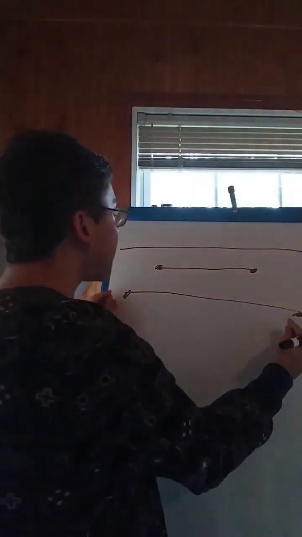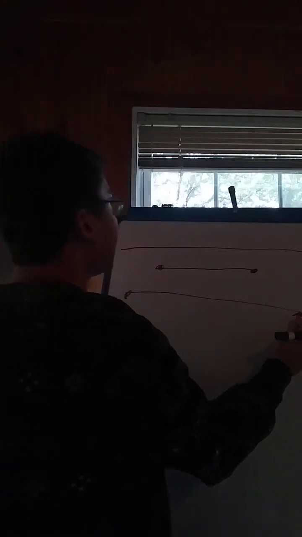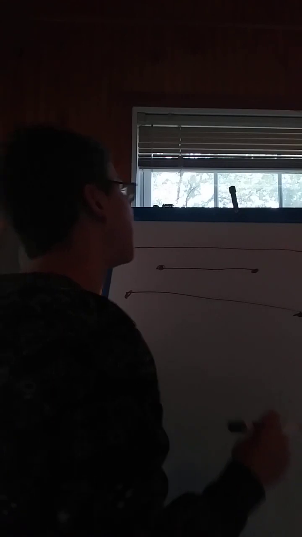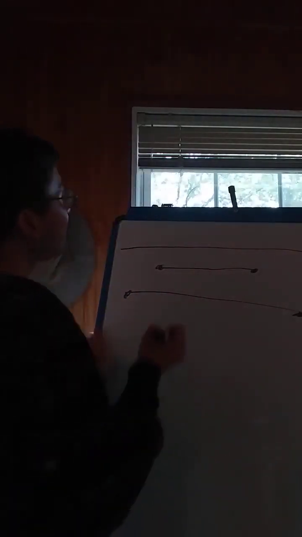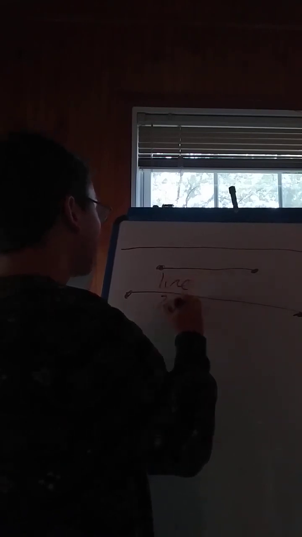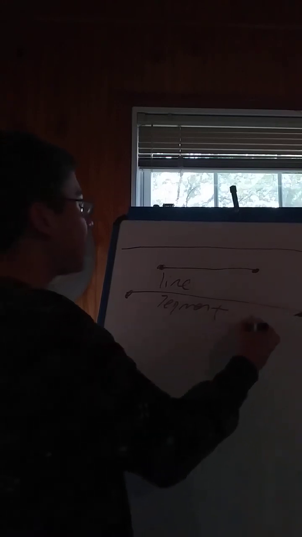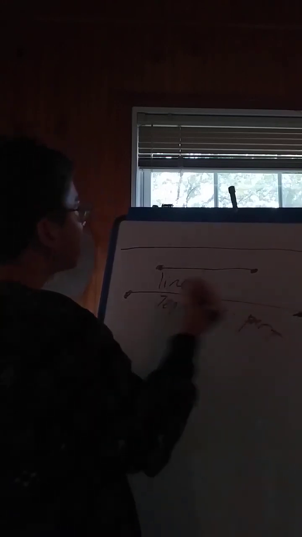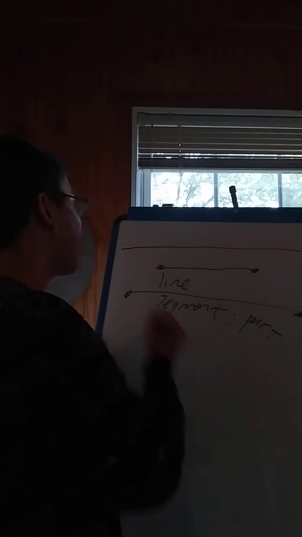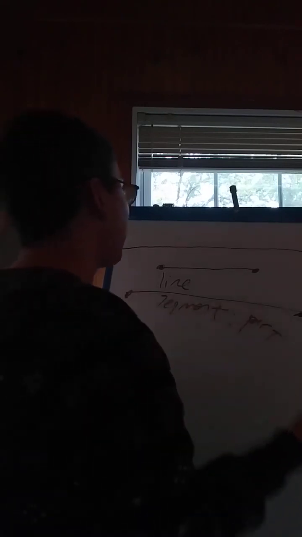So instead of it going on and on with no stopping points, these are the stopping points. This may be the starting point, this may be the stopping point, or vice versa. It depends on what direction you're going. This is called a line segment. A segment means part. This is just a part of a really long line that has a starting and an ending point, because it has the dots here.